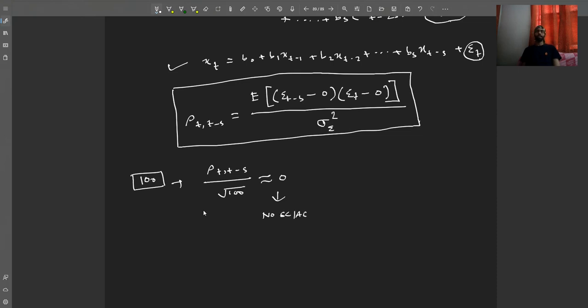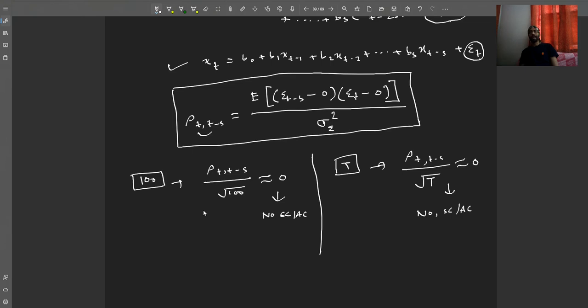In general terms, if there are capital T time periods, then we divide this correlation value rho t minus s by root over of capital T, and if it is more or less equal to 0 or nearby 0, that means there is no serial correlation or autocorrelation at lag of s, at the order of s.